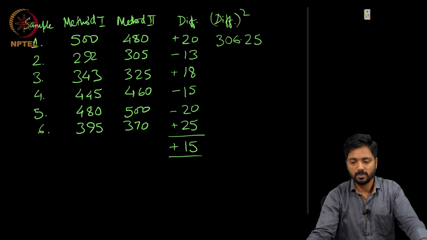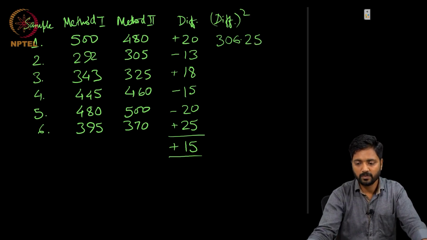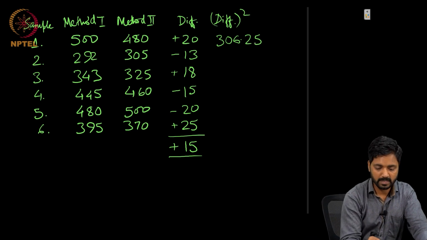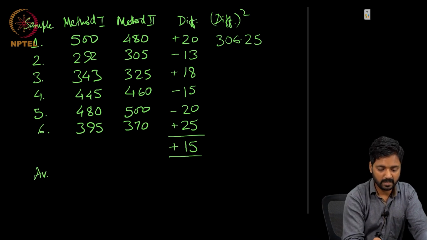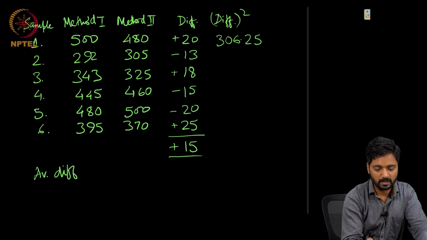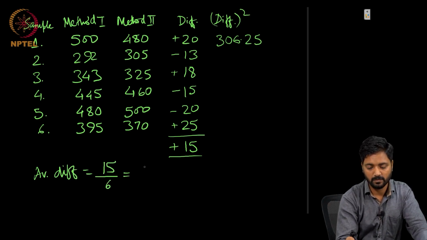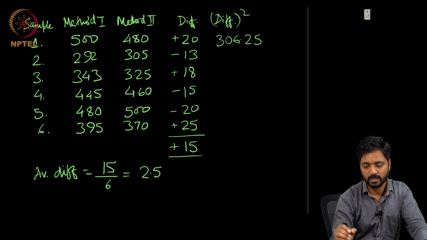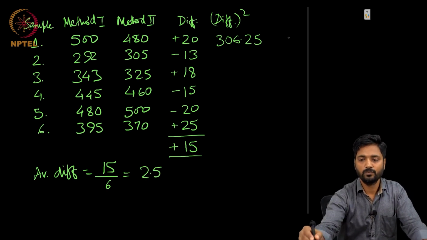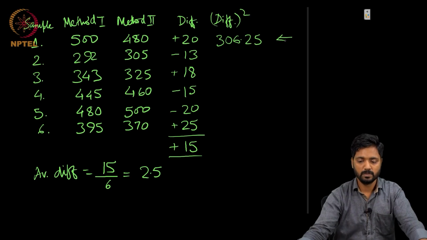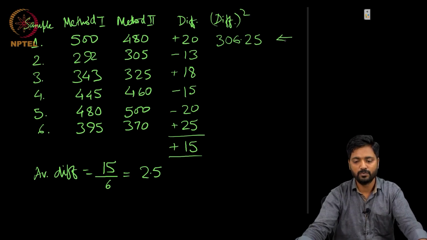How does this number of 306.25 come? So, what we have done is we have calculated the average difference, which is nothing but 15 by 6, which is 2.5, and for the first reading we have subtracted 2.5 from 20 and squared that number. So, 17.5 squared will be 306.25.